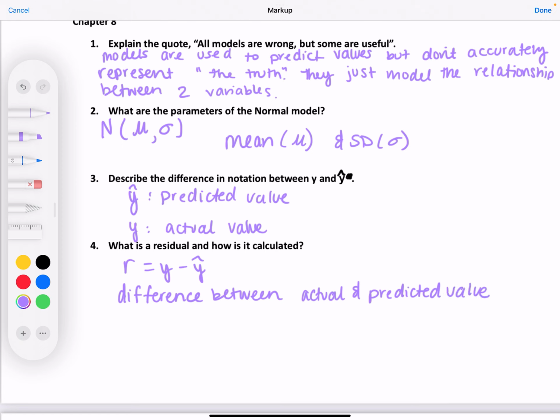It shows how far off the prediction is at a point. In the video we watched, they had the line and it showed how far each point was from the least squares regression line.